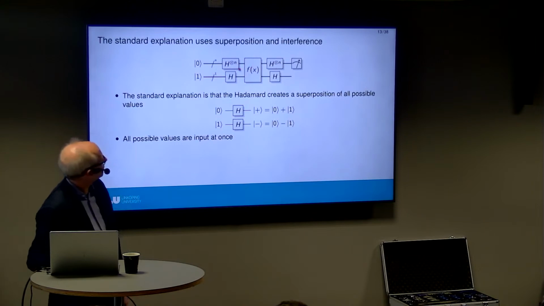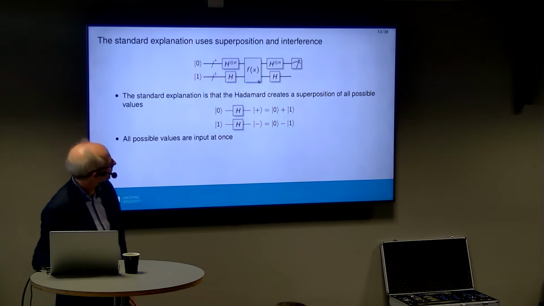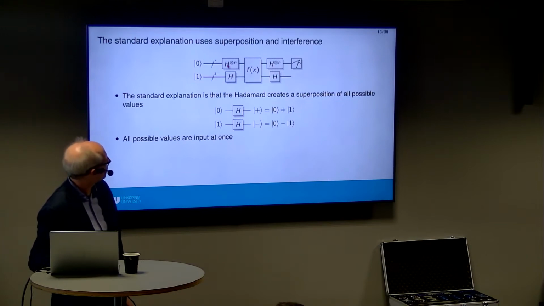I showed you this picture earlier. There are Hadamards in the beginning, creating a superposition of the input values. But there's also Hadamards at the end. What do these do? Well, if I put a 0 through a Hadamard, I get a superposition of all the possible values.